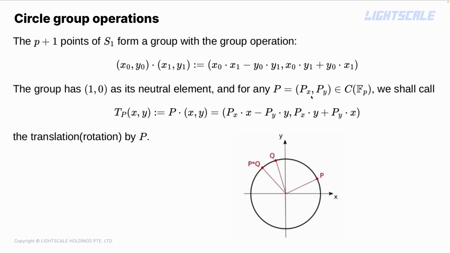And for any point P in this circle group, we define T_P(x, y), which is a translation, but it can also be seen as a rotation. This is simply P times (x, y), following the group operation, and it results in a rotation in this circle group. So this angle is going to be the same as this one. This is the more intuitive explanation.